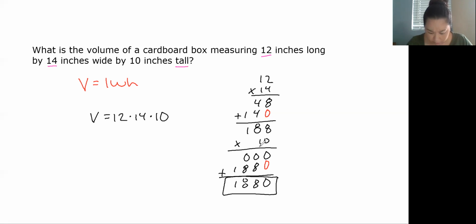Oh, the median one. Okay. And this one is 19.